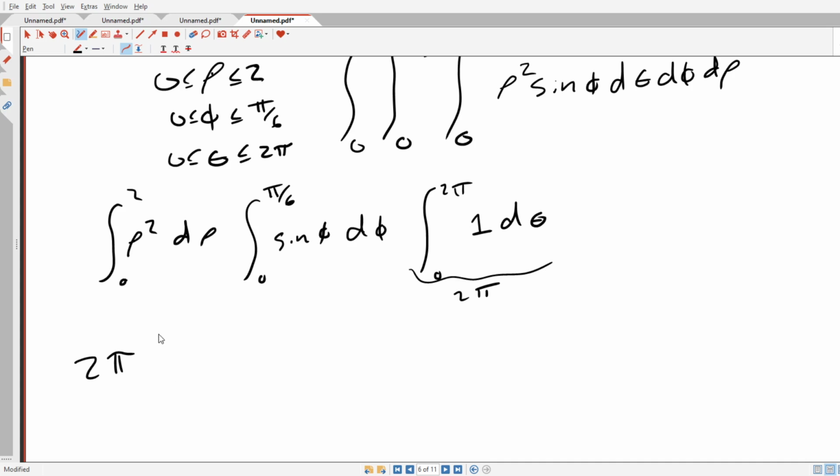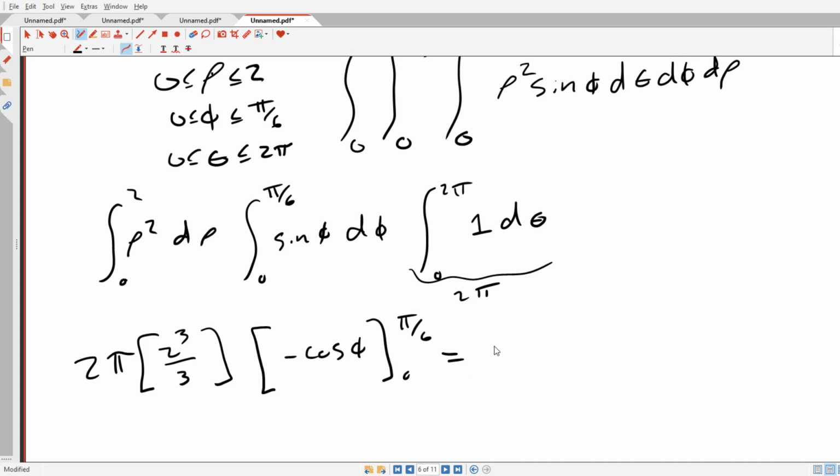This is rho cubed over 3, so that's going to be 2 cubed over 3. And then the integral of sine is negative cosine phi from 0 to pi over 6, which gives me 2 pi times 8 over 3 times cosine of pi over 6, which is minus root 3 over 2, minus minus 1.